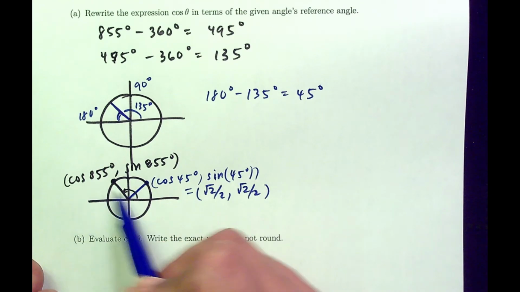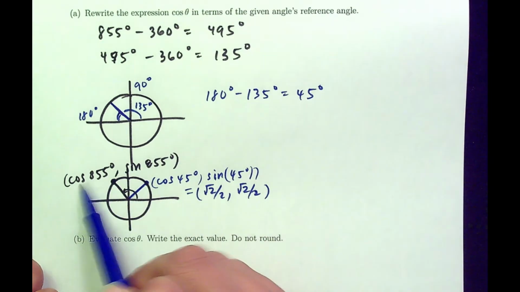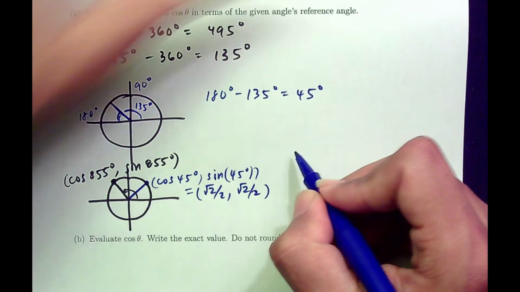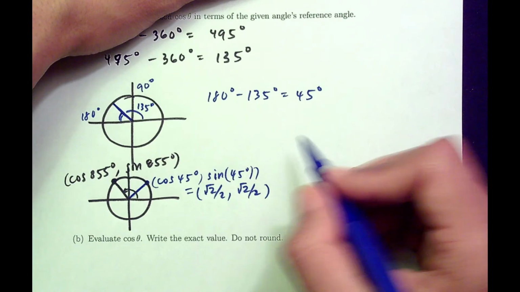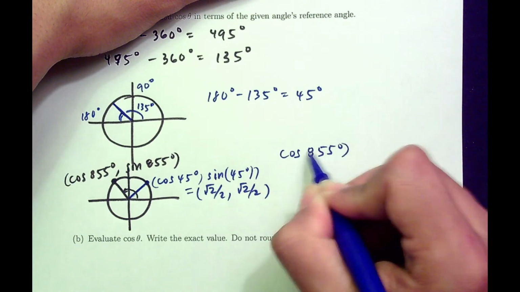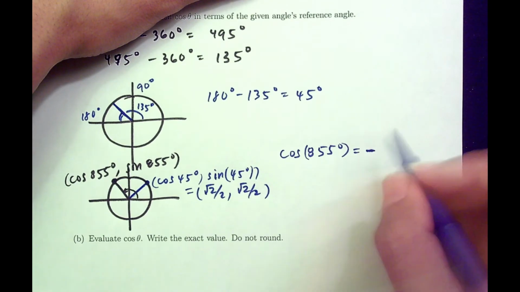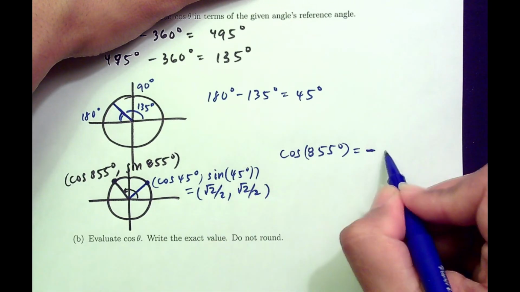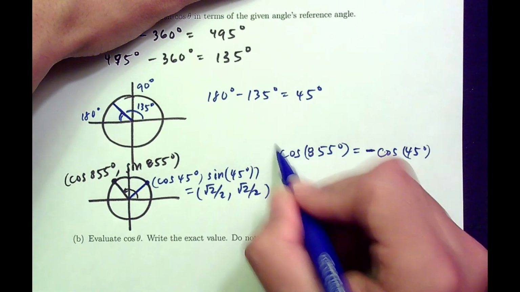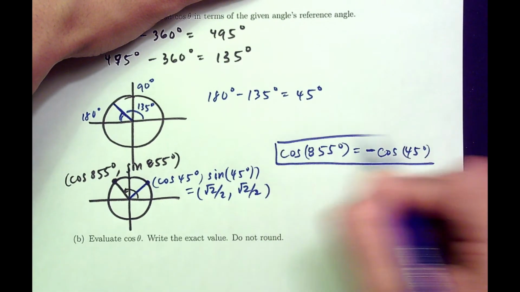Now, if you look at the coordinates, the cosine of 855 is the same as the cosine of 45, but negative. In other words, cosine of 855 is the same as negative cosine of 45 degrees. And that is the answer.